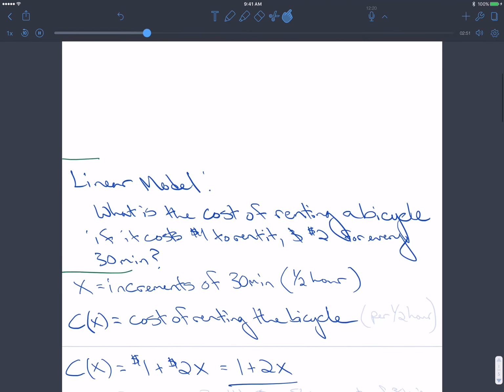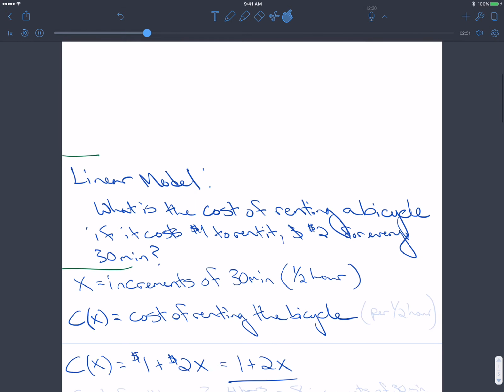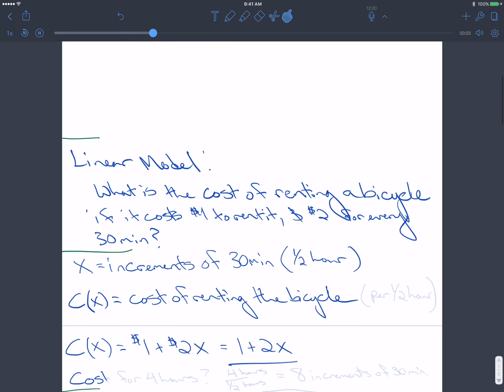Now that we have the equation, we can answer questions about this model, just like we did in the previous sections, where, say, I want to know what is the cost of renting this bicycle for 4 hours. How many half-hour increments is that?